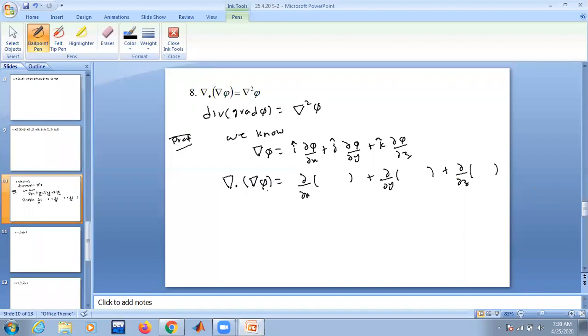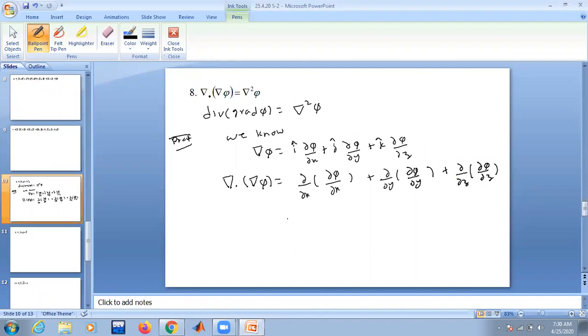So what is the first component of del phi? First component of del phi is ∂phi/∂x. What is the second component of del phi? ∂phi/∂y. What is the third component of del phi? ∂phi/∂z.